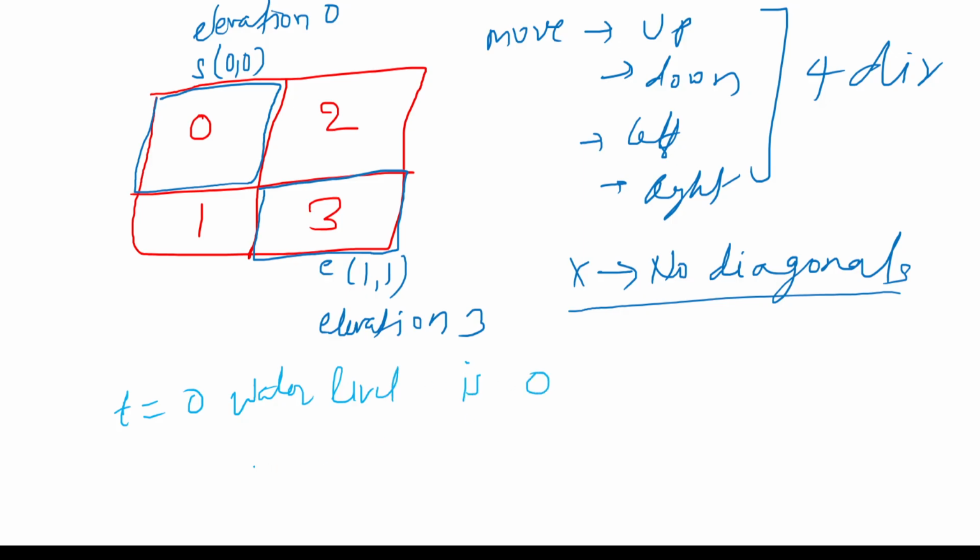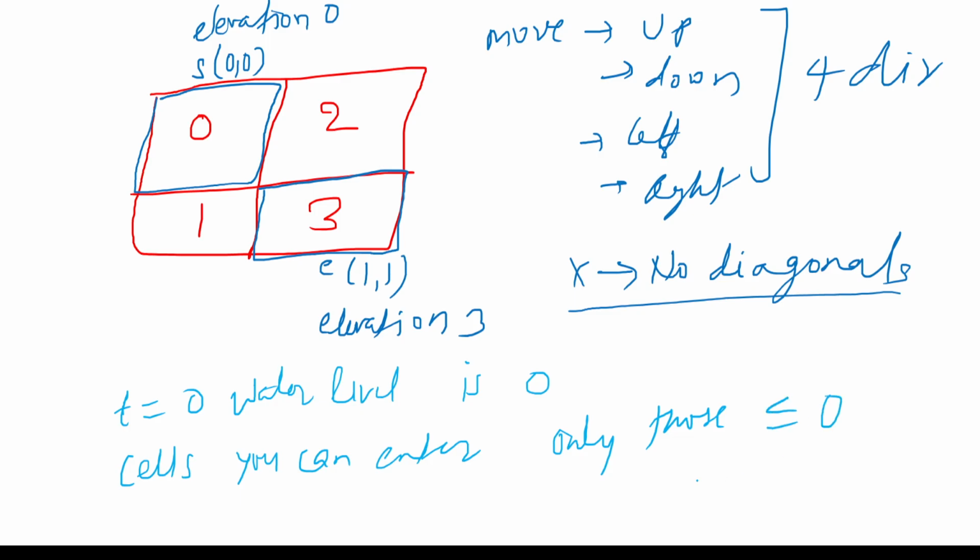So the cells we can enter are only those whose elevation is less than or equal to 0. It means only this cell will be submerged, and the rest are not submerged.